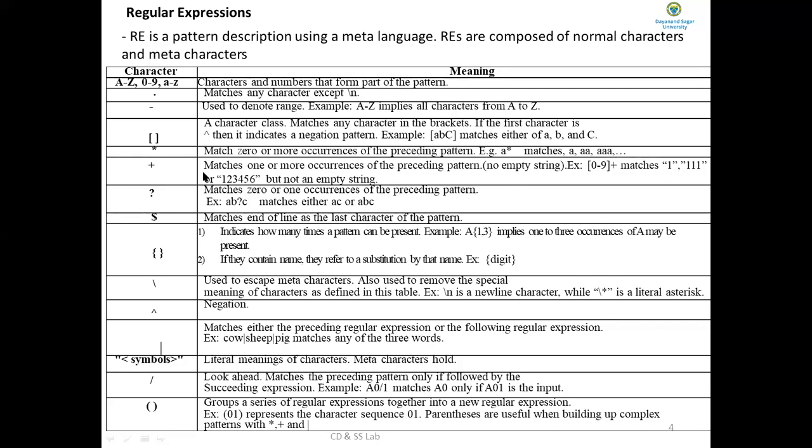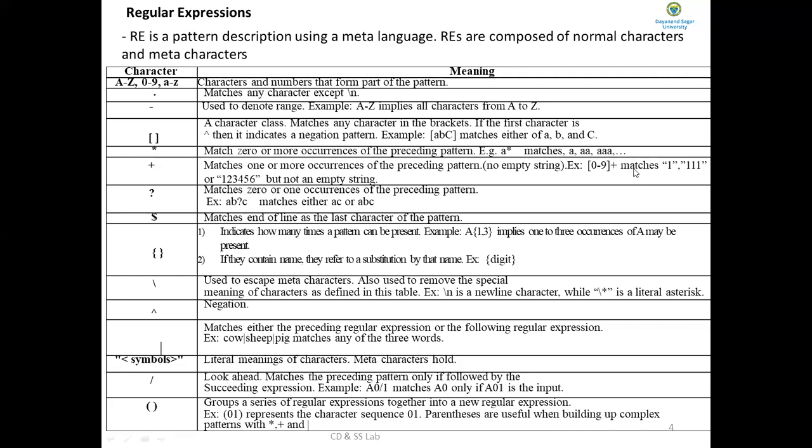Then plus is a meta character that matches one or more occurrences of the preceding pattern. Example, the digits 0 to 9 enclosed in a square bracket character class, followed by plus. When I say plus, it matches the whole string of numbers.